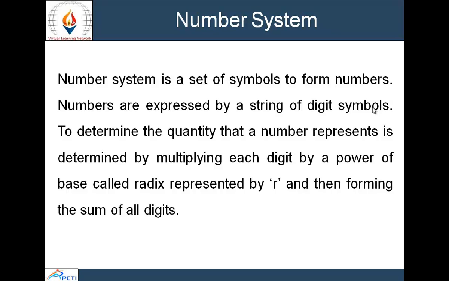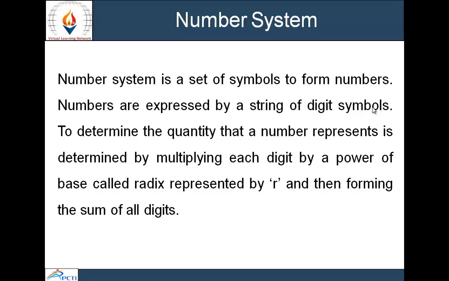Now, our next topic is number system. Number system is used to represent information in quantitative form. Some of the common number systems are binary, octal, decimal, and hexadecimal. Number system is a set of symbols to form numbers.